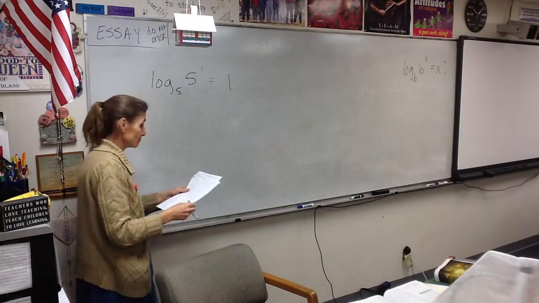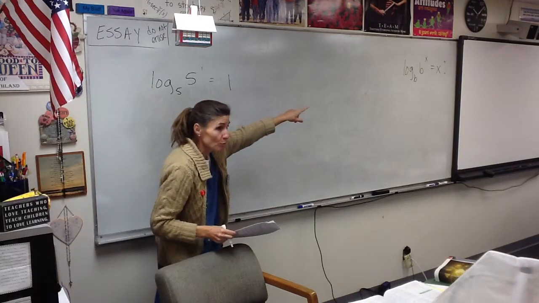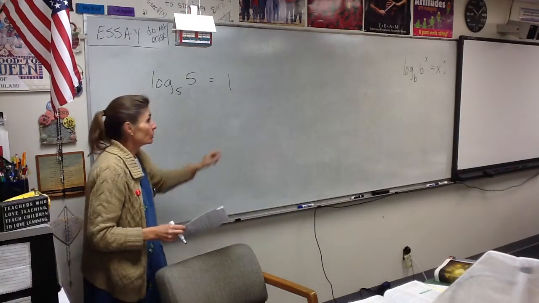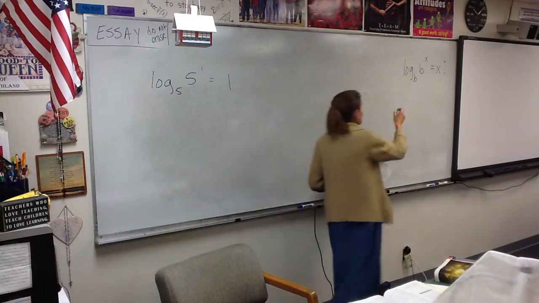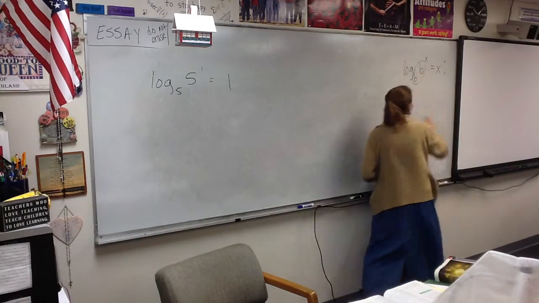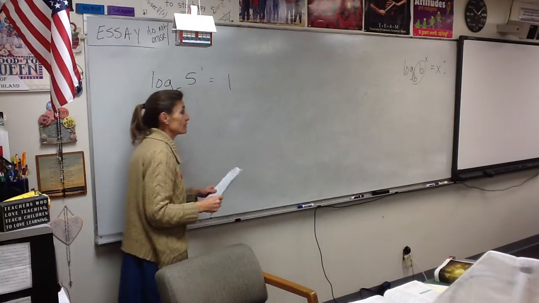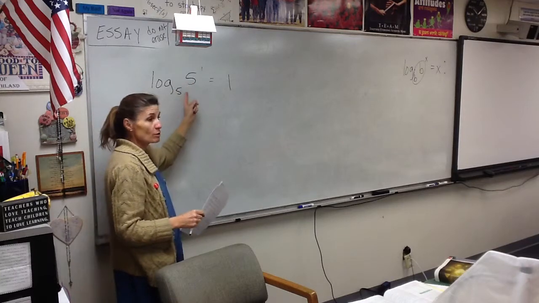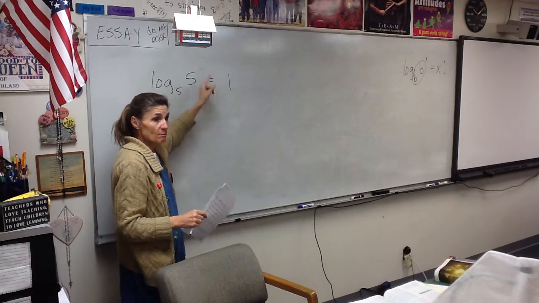That's it. No. Look at your property. It says, when these two numbers match, the answer is the exponent. So these two numbers matched, and the answer was the exponent.